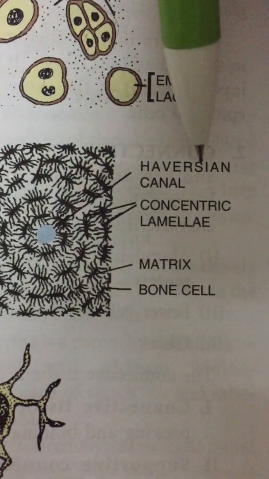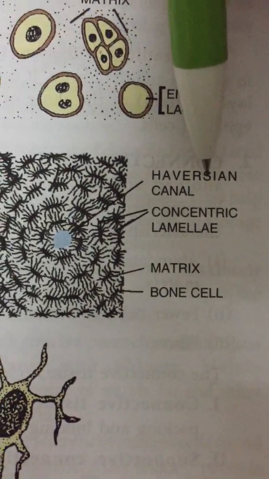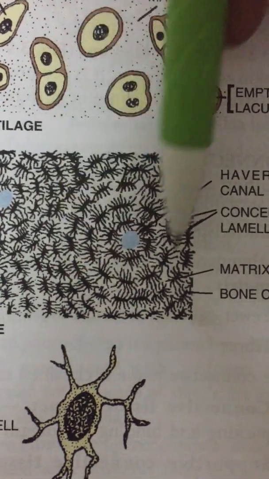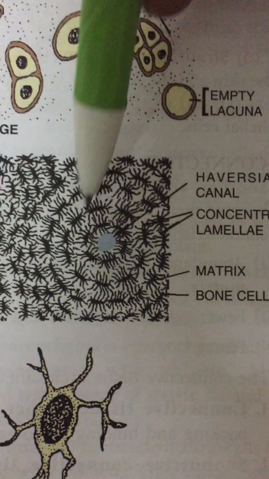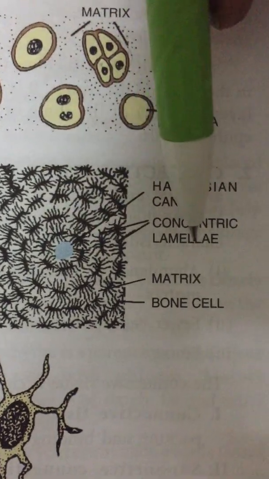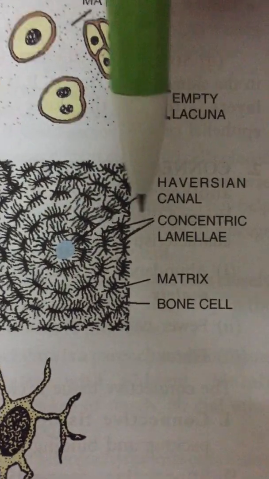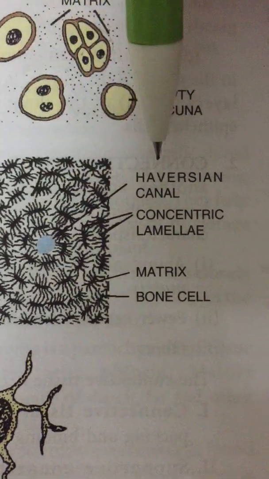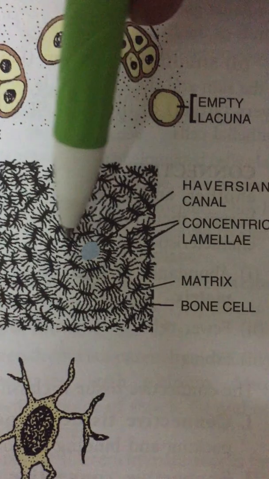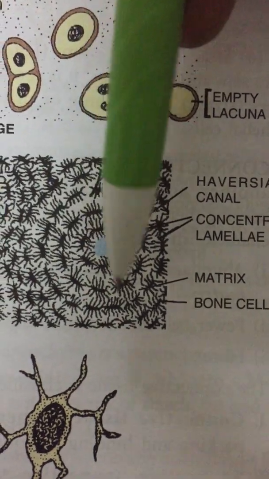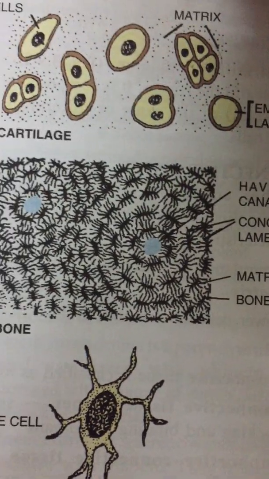And this canal is called Haversian canal. This is a TS of the bone, showing arrangement of osteocytes or osteoblasts in concentric circles, which are called lamellae, and around a central canal, which is called Haversian canal. And you can see the white space, the space between the concentric lamellae, that is filled with matrix.